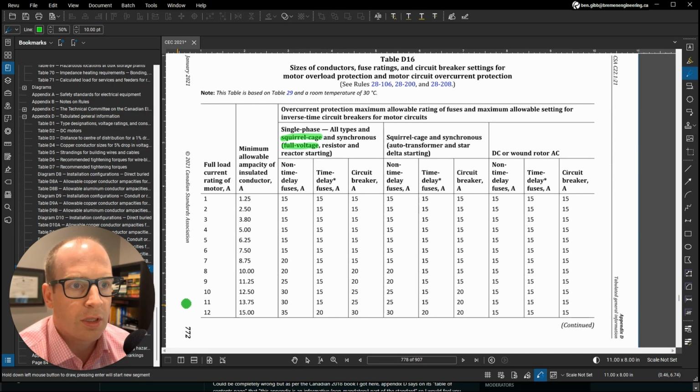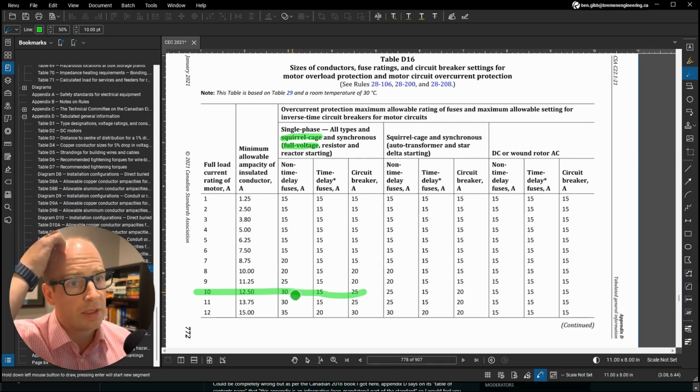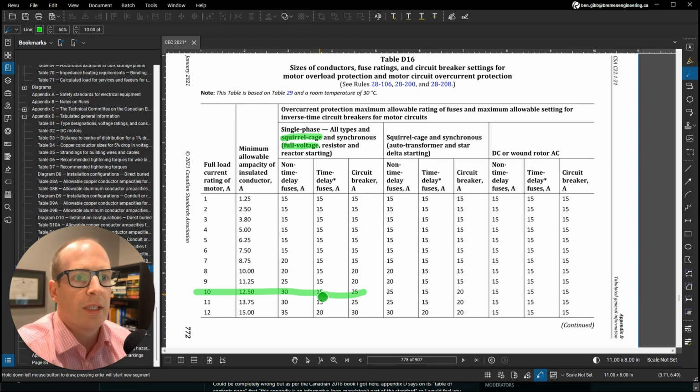So let's use a 10 amp as comparison here. For a 10 amp motor, 3-phase induction, the maximum non-time delay fuse is 30 amps, 15 for time delay and 25 for circuit breaker. So that looks like 300%, 150%, and 250%.